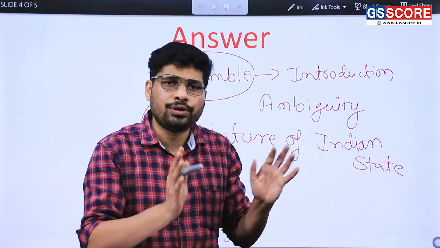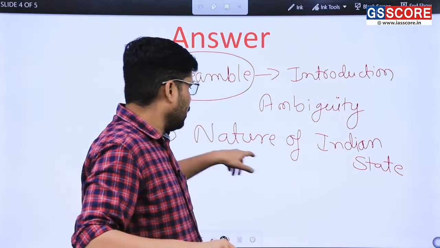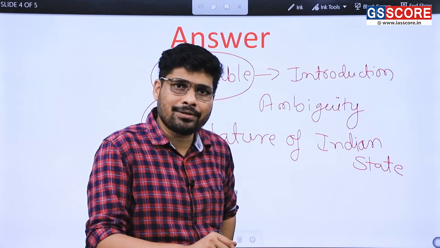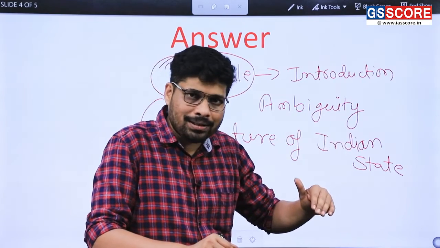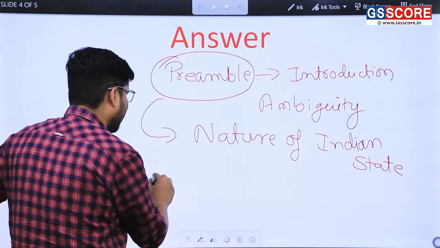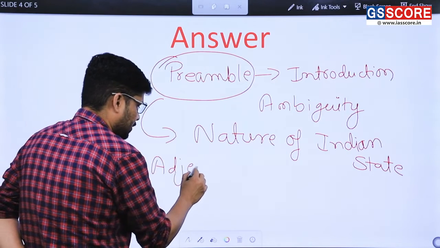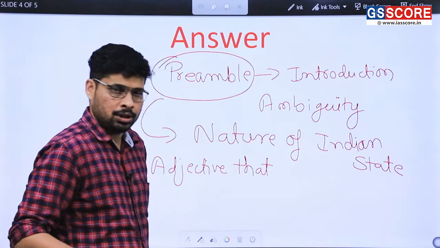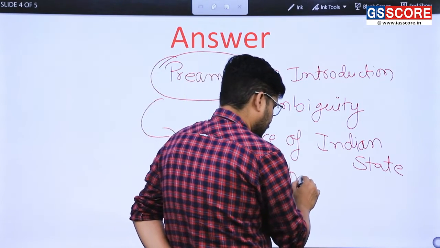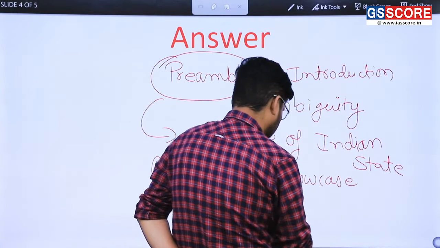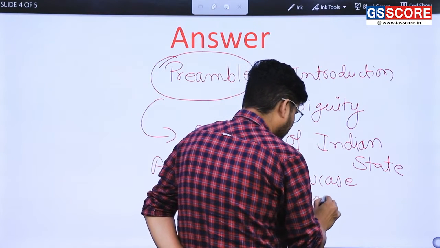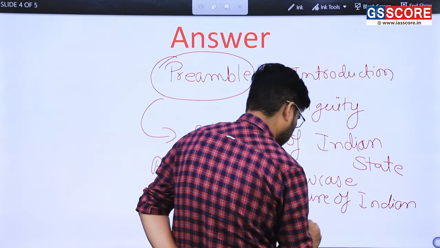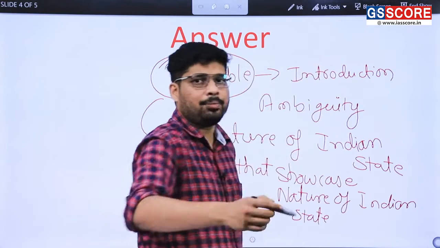Dekho, this is 10 markers, so you don't need to emphasize that much. All right, what should I take into consideration now, or what should I start the main body with? I should start with the terms or the adjectives that showcase the nature of Indian state, along with the term republic.